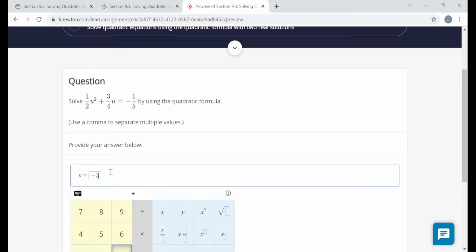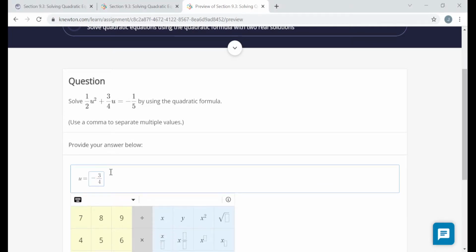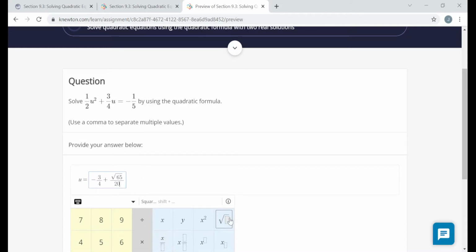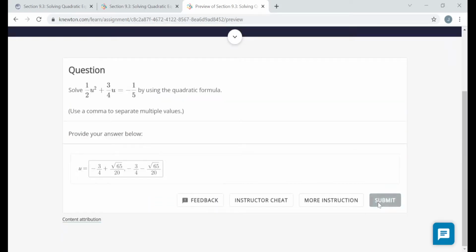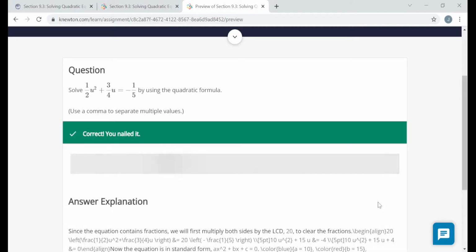So negative 3/4 plus the square root of 65, then that divided by 20, and then a comma, and then I'm just going to copy and paste it and replace the plus with a minus. And negative 3/4 minus the square root of 65 over 20. Great.